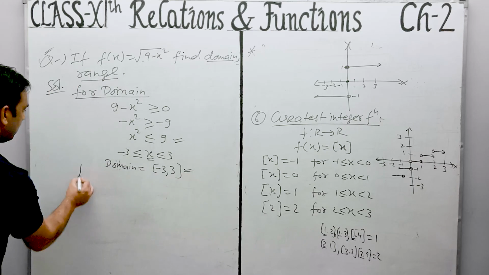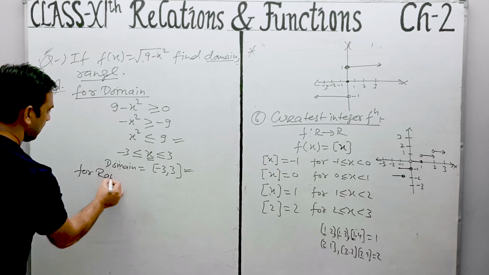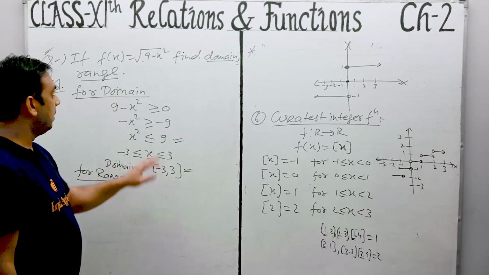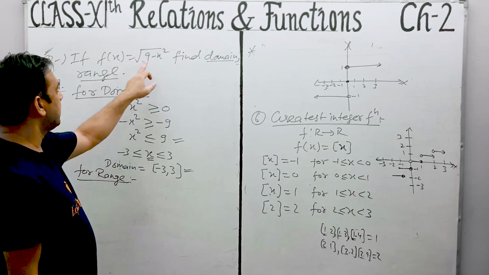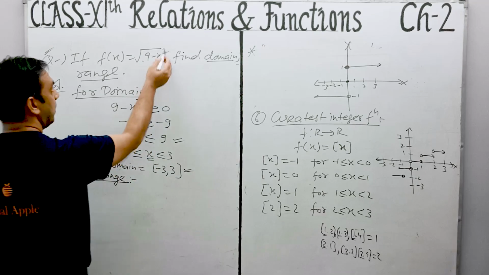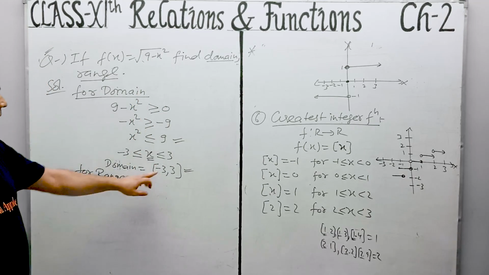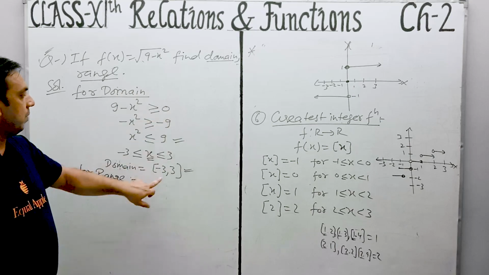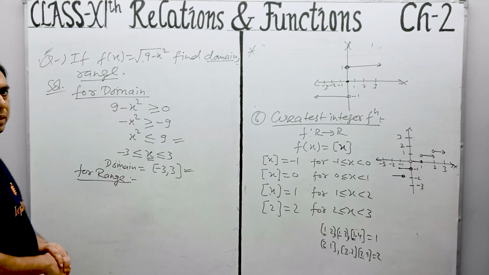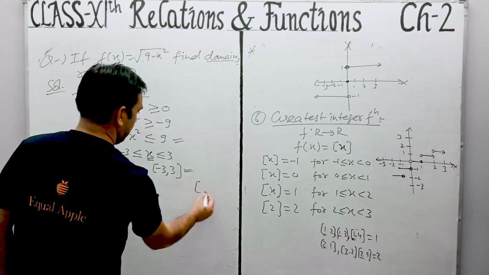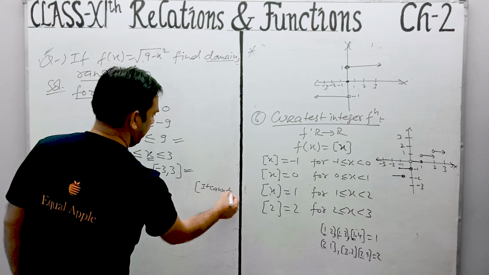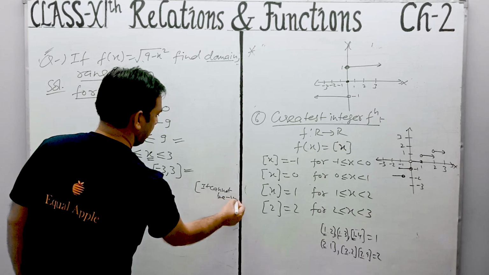And for the range, one thing we need to be clear about is that the value of f(x) cannot be negative. If we put any value from the domain, from -3 to 3, we will always get a non-negative real number. So it cannot be negative, right?